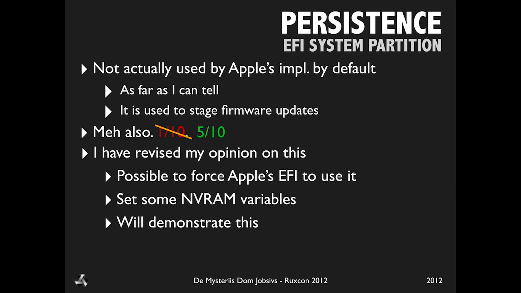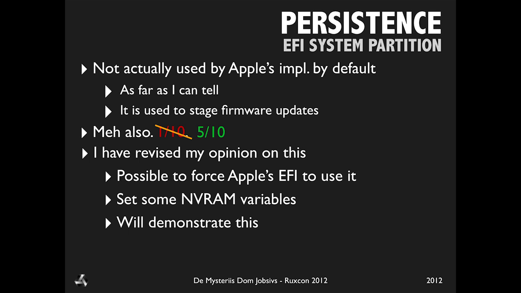You can set some NVRAM variables in such a way that you can boot from the ESP, which is basically what happens when you install rEFIt. No one actually tells you how to do this, including the rEFIt developer, but he says you can do it if you know what you're doing. Basically you've got to use bless in a specific way to install rEFIt or rEFInd, which are just EFI bootloaders, to the EFI system partition, and then tell the system that it needs to boot from those first.